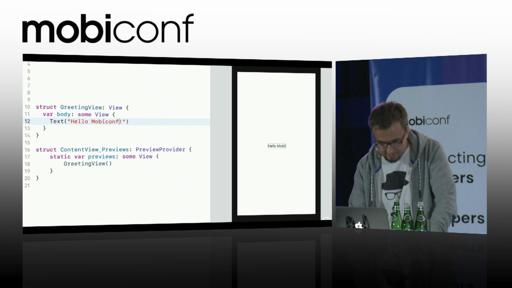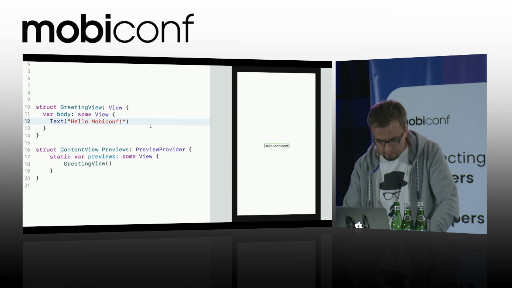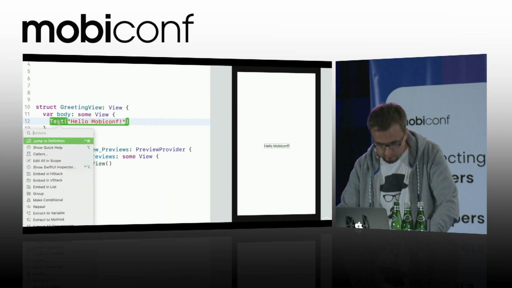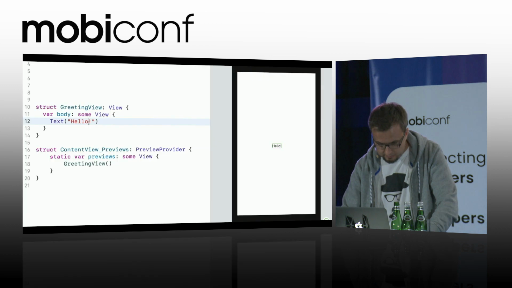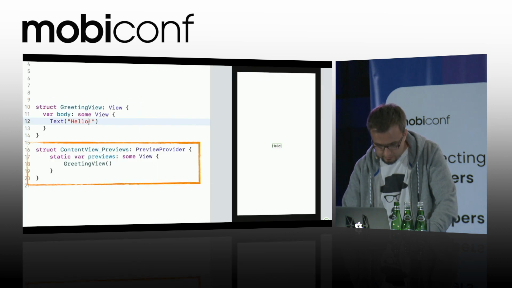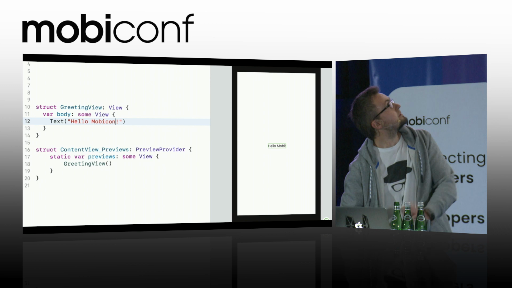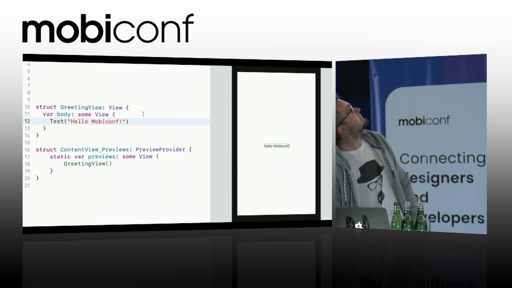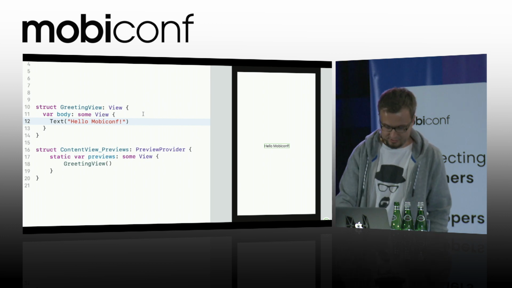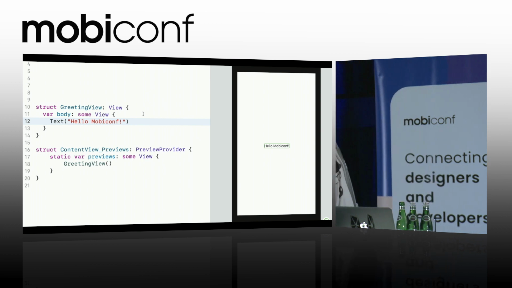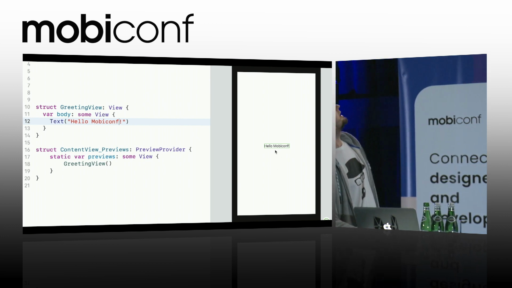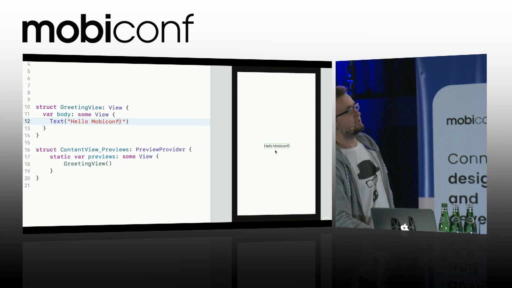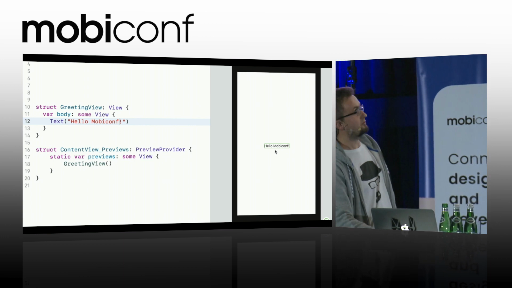I will change this text. Wait for this. Oh, this was a spoiler, I think. I don't see this on my screen, so I should look here. OK. So now I've written hello Mobiconf, and this got rendered almost immediately because this is a live preview.